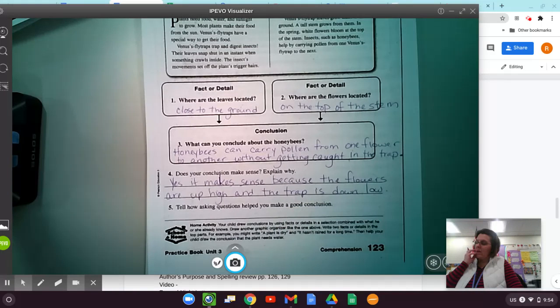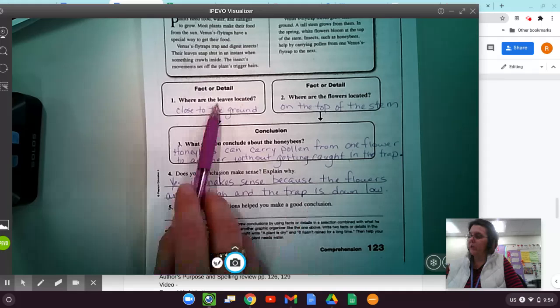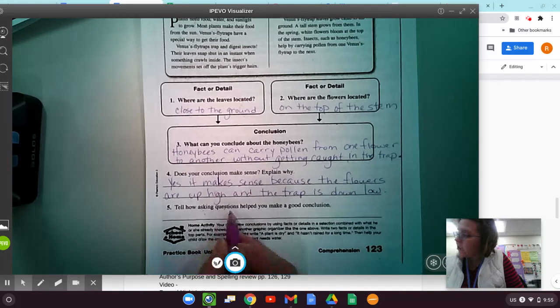So, tell how asking questions helped you make a good conclusion. So we asked questions about where the leaves were. We asked questions about where the flowers were. So asking questions helped us determine where the leaves and flowers were so we could see the difference and why honeybees wouldn't get trapped. So ask about how asking questions helped you make a good conclusion.